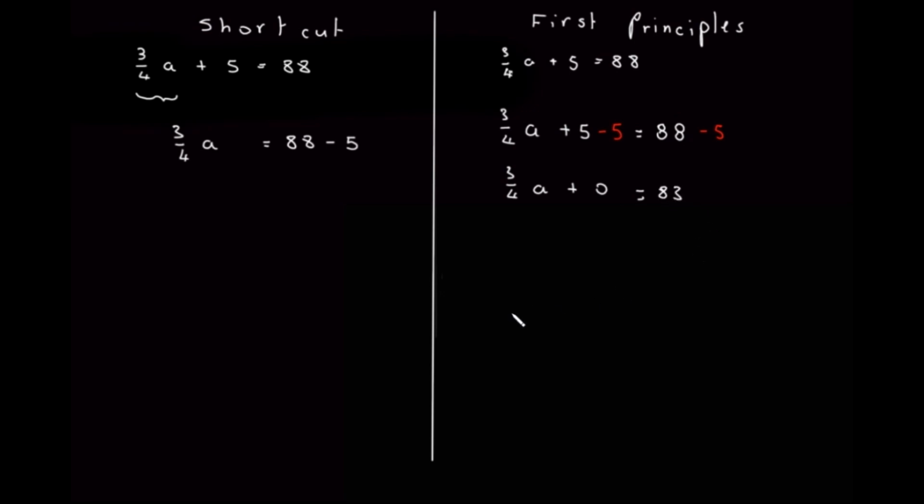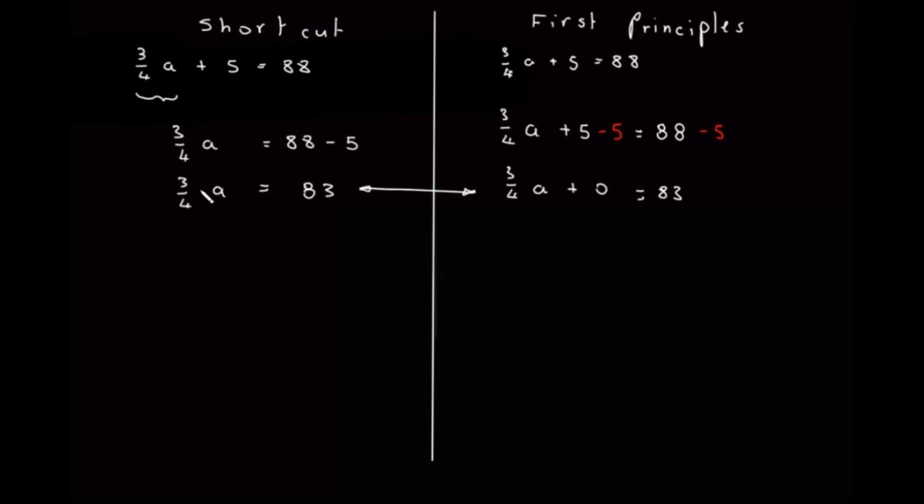Yes. So this here is 83, and we end up with 3/4 A. So you can see that and that are indeed the same thing. The shortcut method, use that, it's quicker. It works because of this.